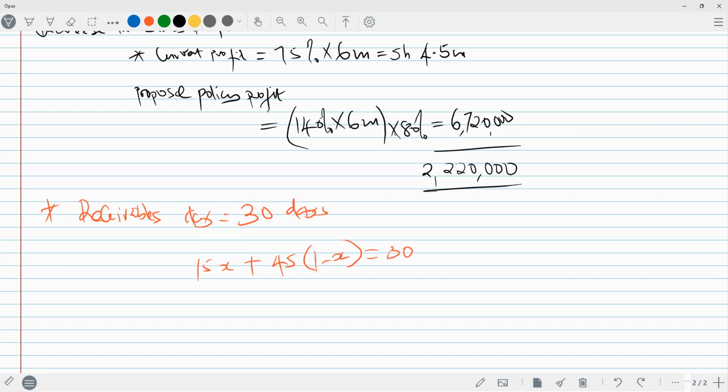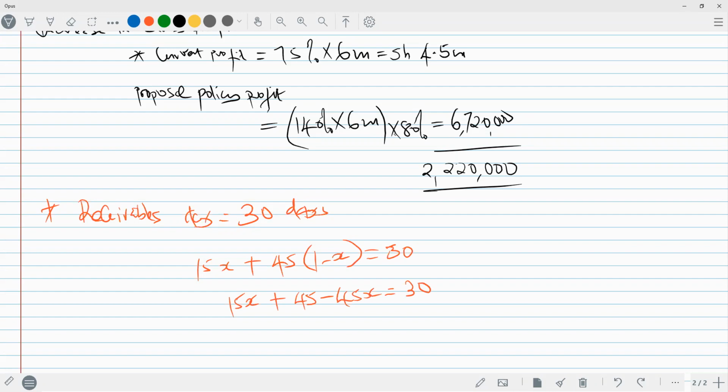Therefore, I think it's simply the use of algebra here, unless someone has a better idea. So 15x plus 45 minus 45x will give us 30. I'm just opening the brackets here. Therefore, I can take 30 to the left side.